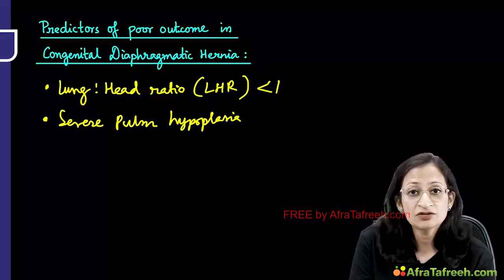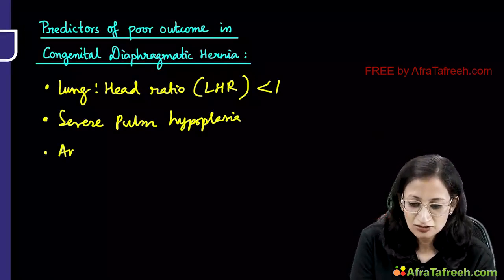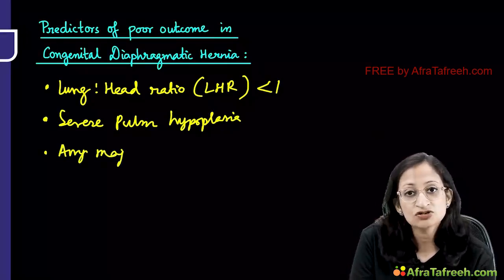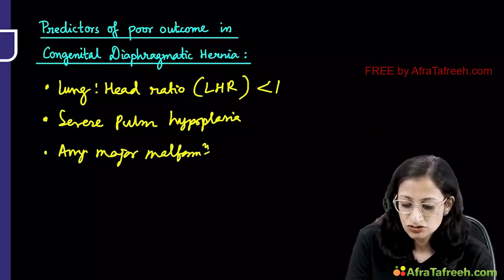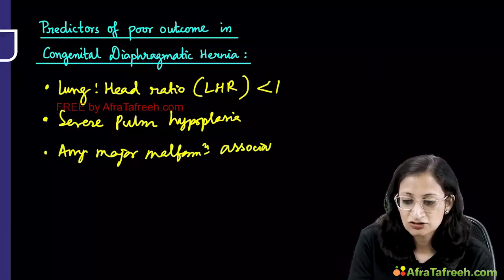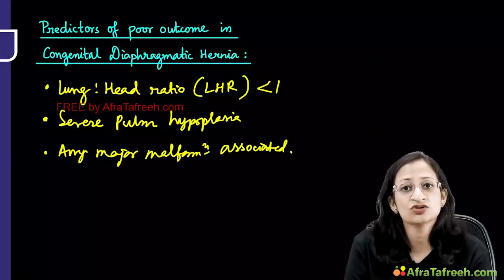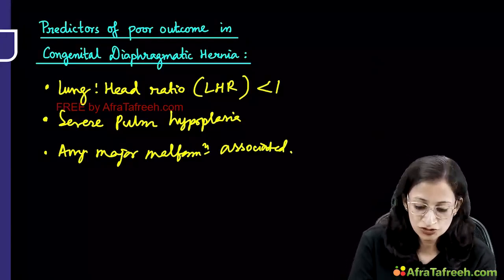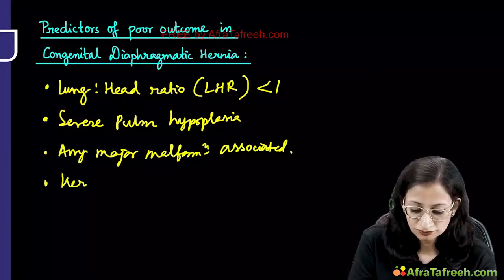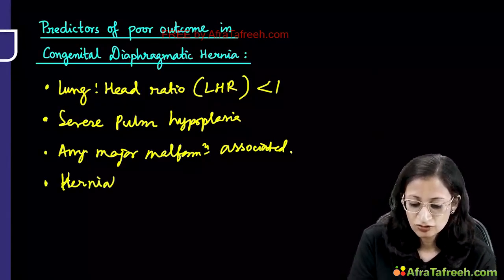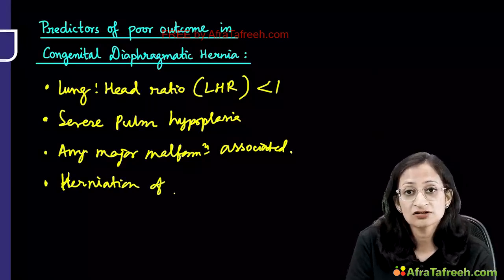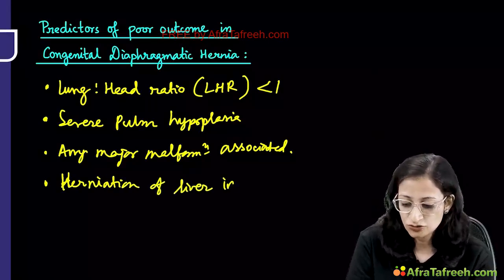If any major malformation is associated, that also is an indicator of poor prognosis. If the defect is so severe that the liver has herniated into the thorax, that also has a poor prognosis.